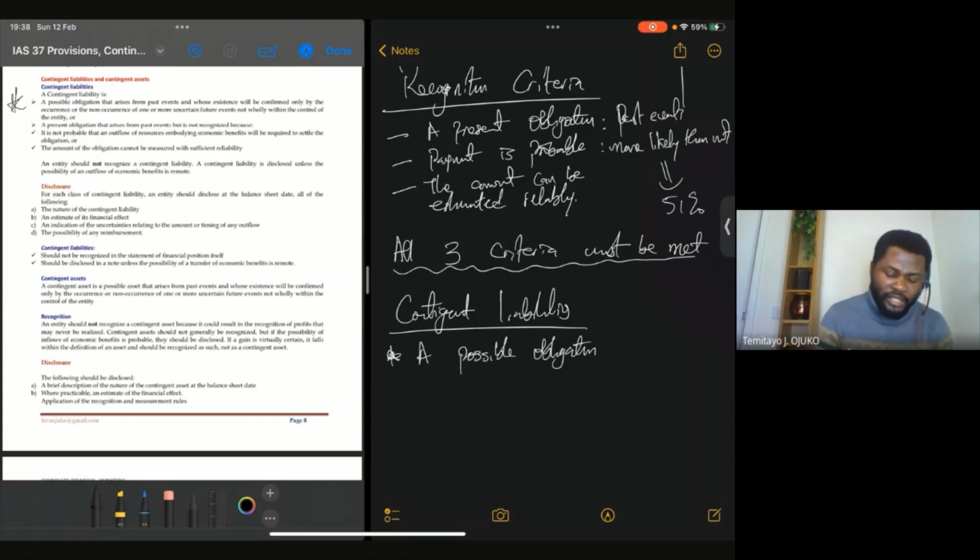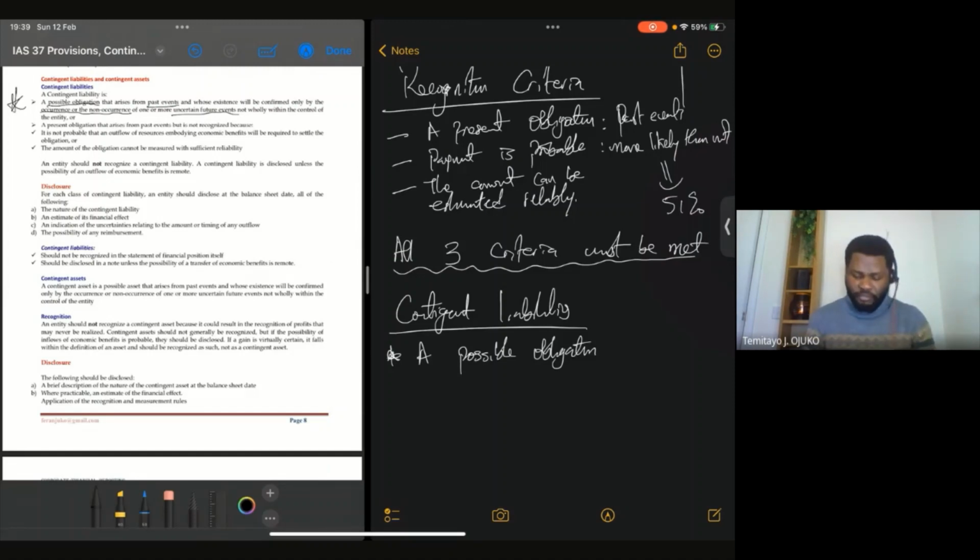Now, I will underline some things there. Possible obligation, right? Past event, right? Occurrence or non-occurrence of one or more uncertain future events, not wholly within the control of the entity. Now, this is one of the definitions of contingent liability.